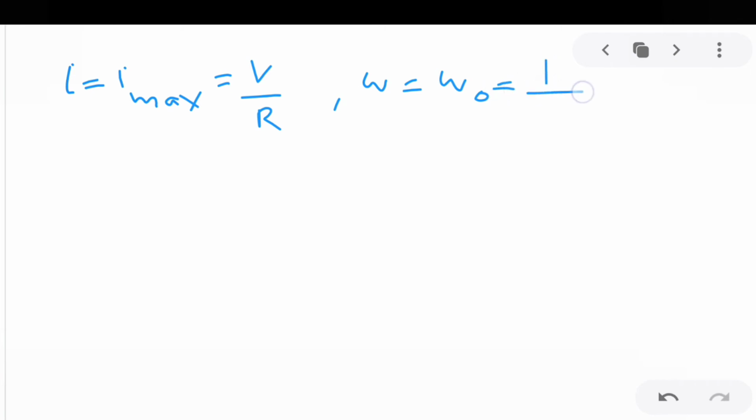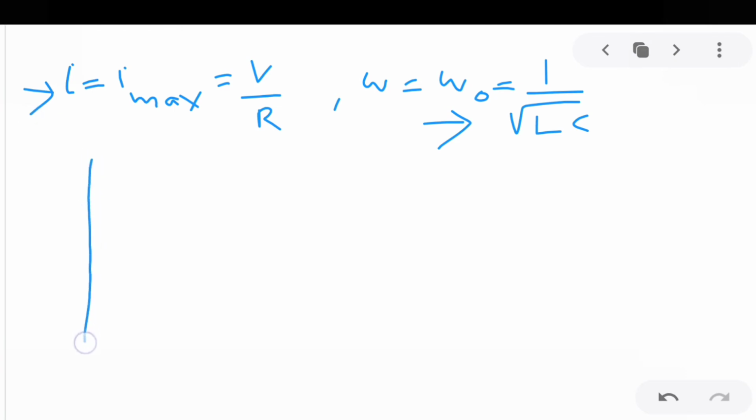We have the following result: the current is equal to the maximum current, V by R, when the angular frequency is equal to the resonant angular frequency, 1 by square root of LC. So at this angular frequency, the current is acquiring a maximum value.